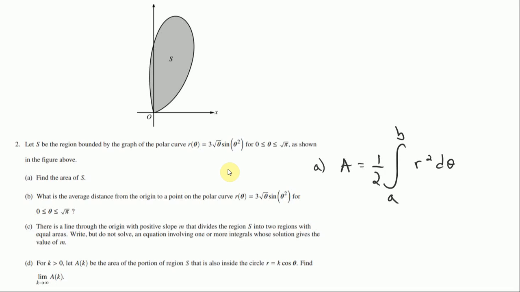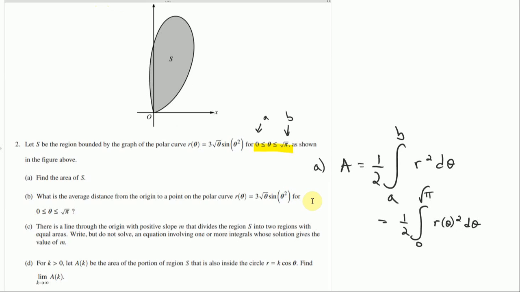We're just going to use the values they gave us, this is going to be A, this is going to be our B, and so we have 1/2 integral from 0 to rad pi of this r of theta squared d theta.